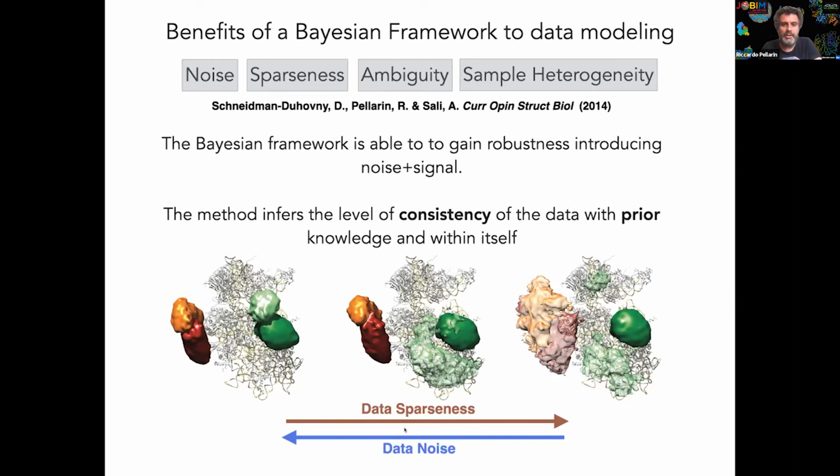But if you include noisy data and good data, it's difficult to tell whether, when you decrease the confidence of crosslinks, you are picking up good or bad crosslinks. You increase the denseness of the data, and you end up with the right solution. Because the Bayesian framework practically infers the level of consistency of any data within the prior knowledge and within the bulk of the data. If there are outliers, normally they are cleaned out and removed from the modeling itself, so you end up with the right solution.